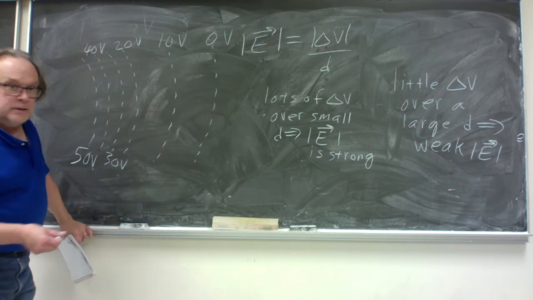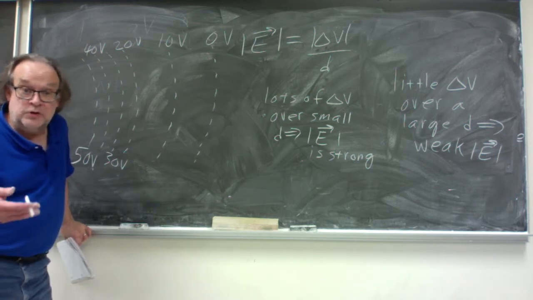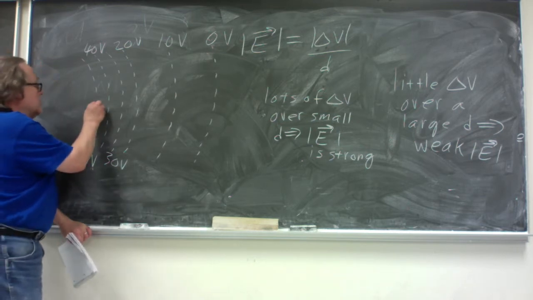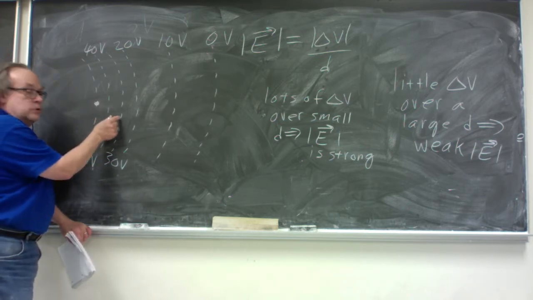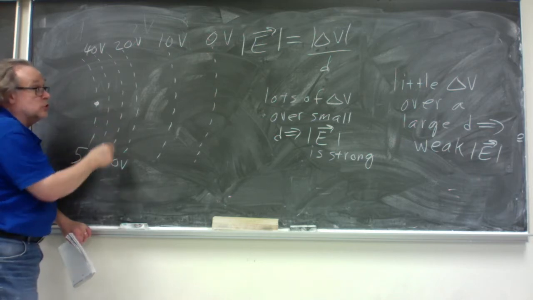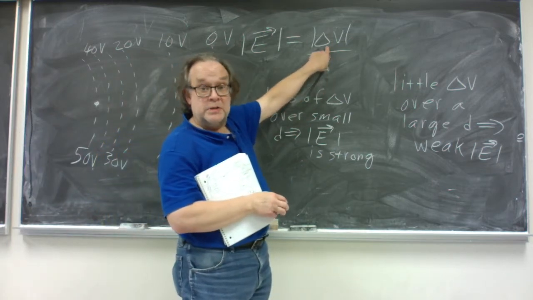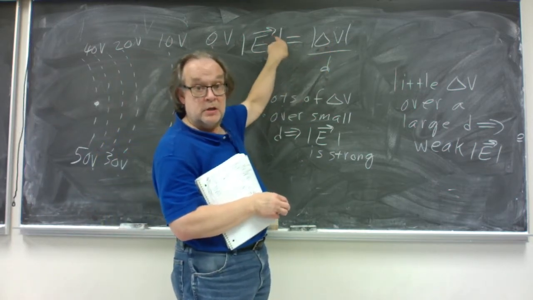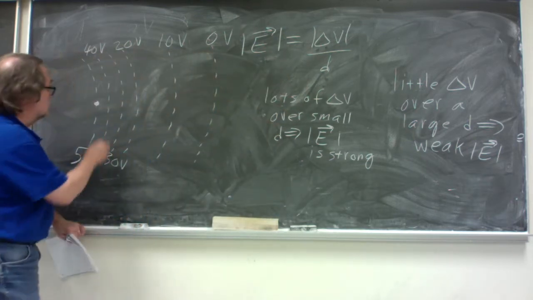And specifically, if I draw some arrows to represent the electric field vector at various points, here you travel a small distance to get a 10 volt potential change. So d is small for our 10 volt potential change, and a smaller d means a stronger field. So I'll draw a longer arrow to indicate a stronger field.